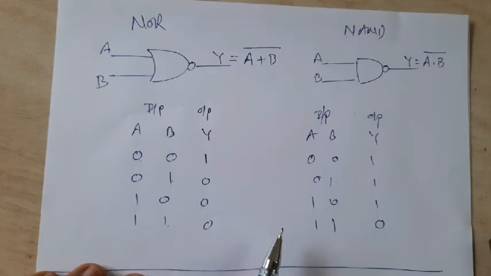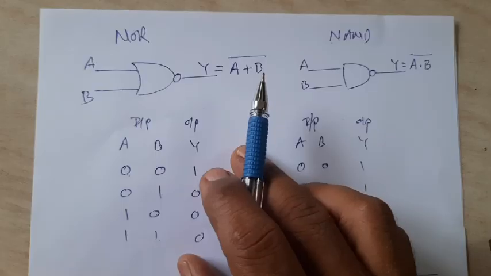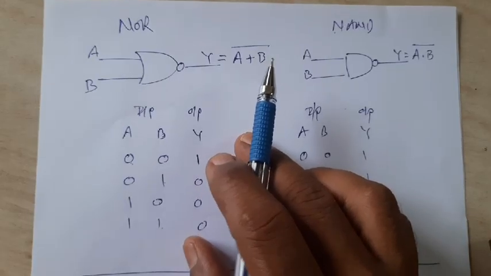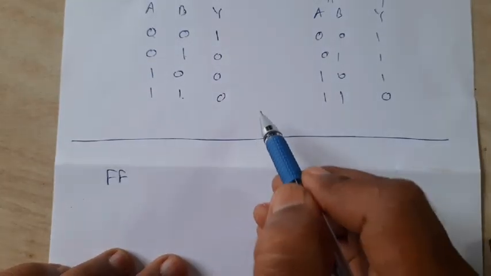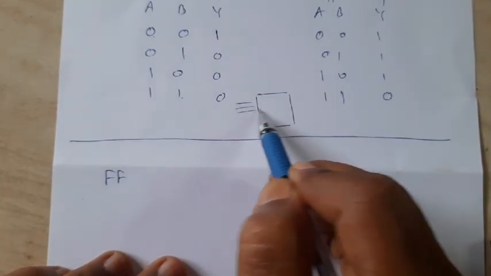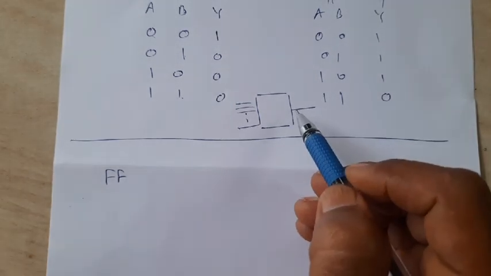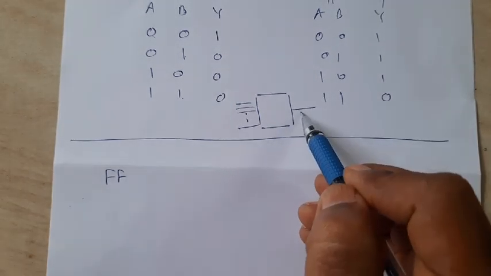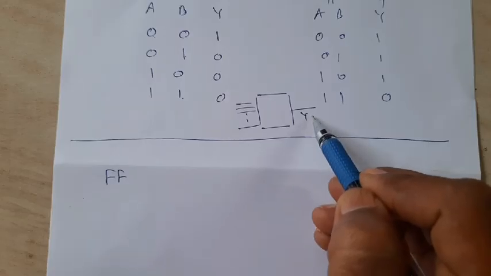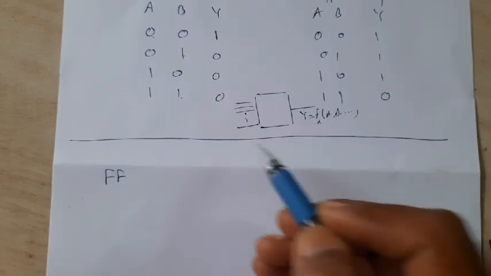Now if I define the logic gate, there are several logic gates. NOT gate is there, AND gate is there, OR gate is there, XOR gate is there. In general, I can say that logic gate is the electronic circuit having several inputs and a single output, where the output Y is the logic function of all inputs A, B, C and so on.